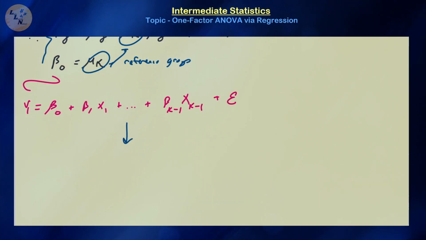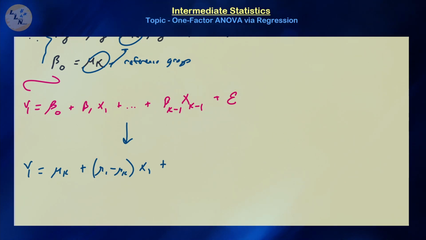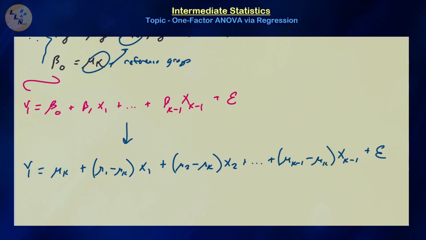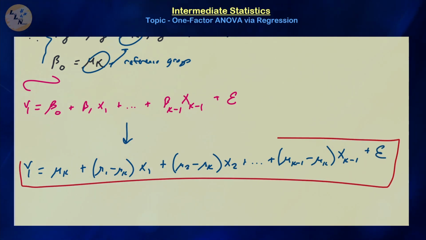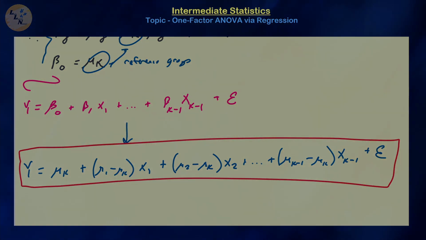So we see that this is equivalent to the model y is equal to mu k plus (mu 1 minus mu k) times x1 plus (mu 2 minus mu k) x2 all the way down to (mu k minus 1 minus mu k) times x k minus 1 plus our residual term. So that is our equivalent perspective of our multiple linear regression model, but from the mean perspective.